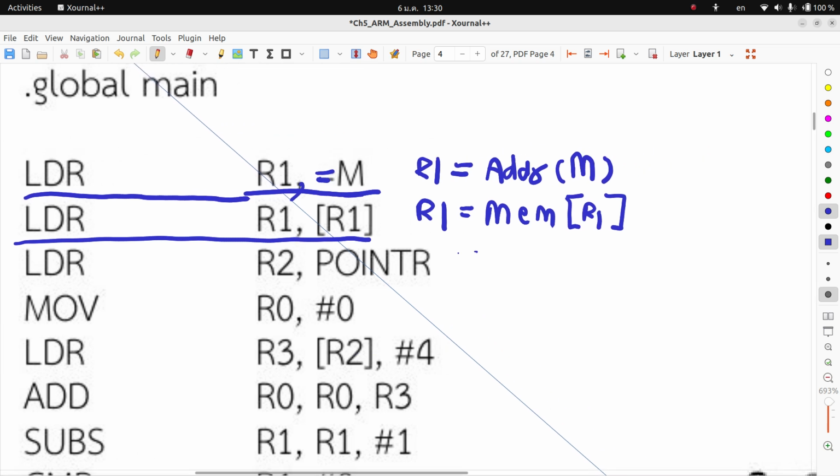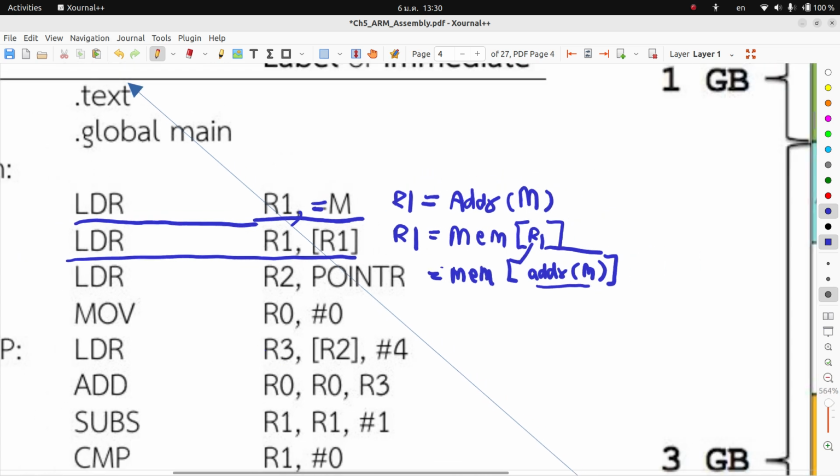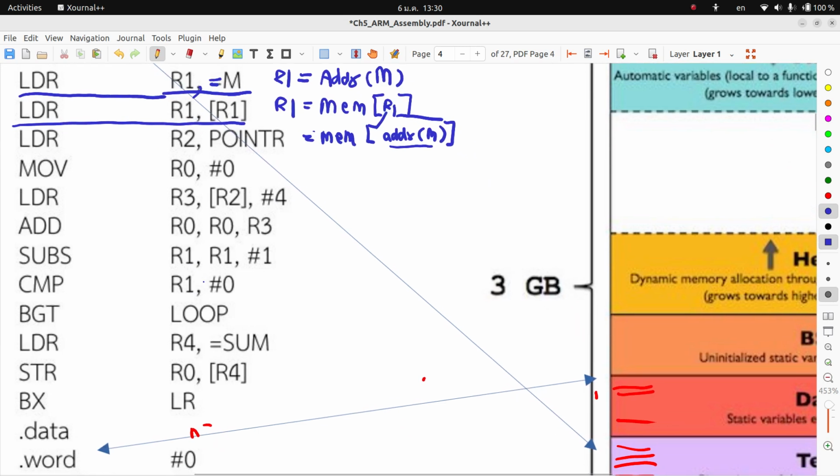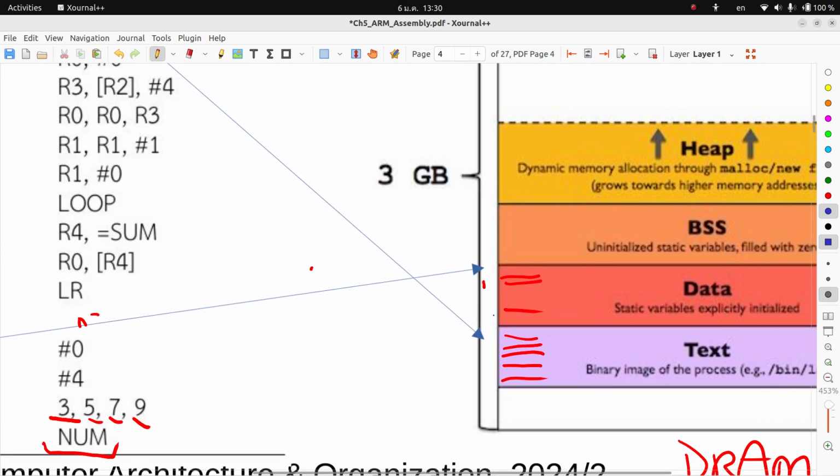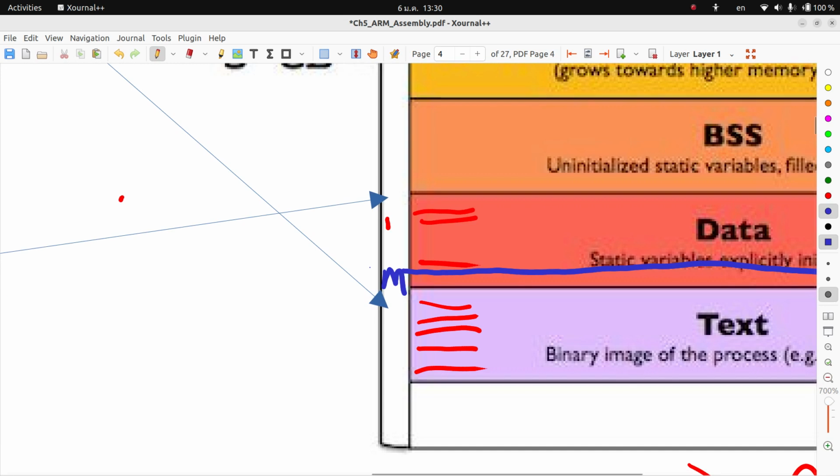It means memory of the address of M. Okay, so look at R1 as address of M. That means our variable M is located here. M. Can you see that? Variable M.